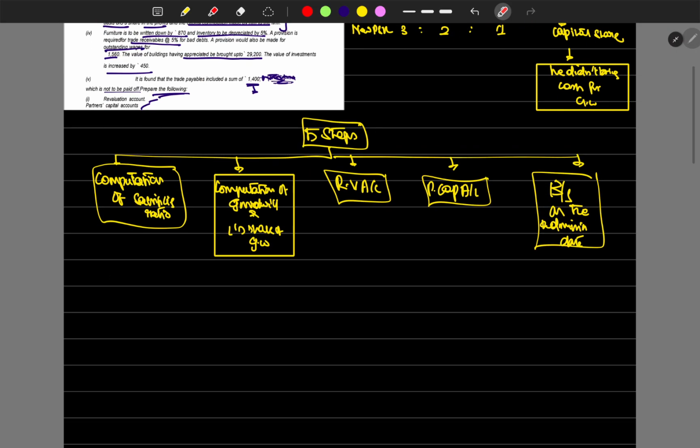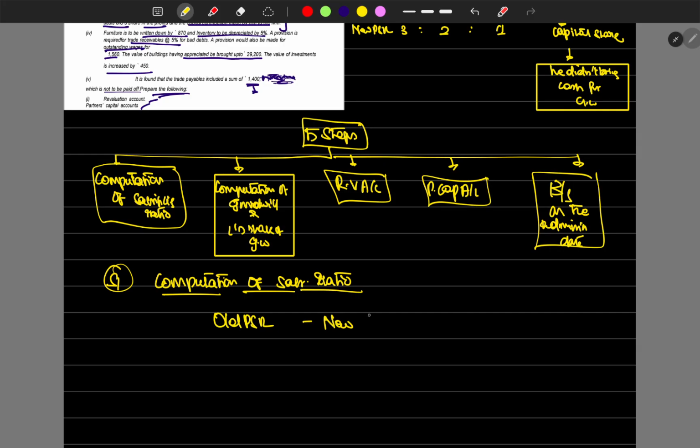Okay, step 1, computation of sacrificing ratio. How can we find out the sacrificing ratio? Old PSR minus new PSR gives us the sacrificing ratio.